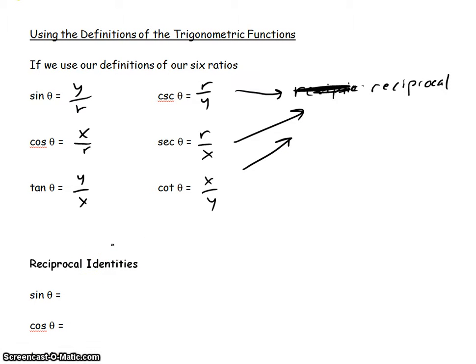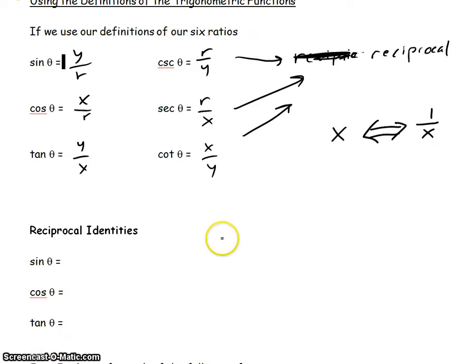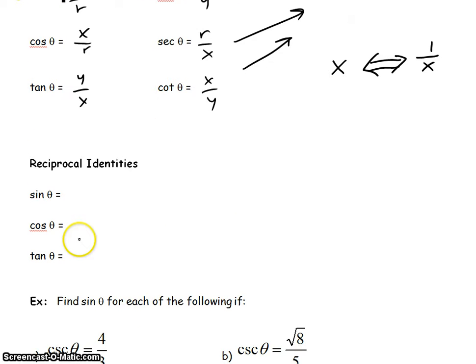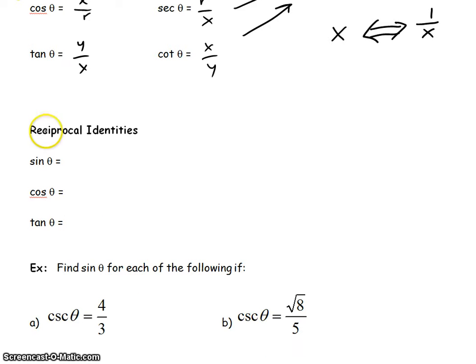Now, in terms of a variable, the reciprocal is written as just flipping it around. So if we want to write something as a reciprocal, we can write it as just 1 over whatever the other thing is.